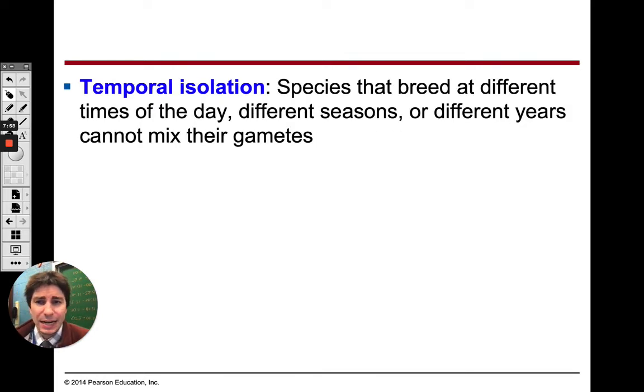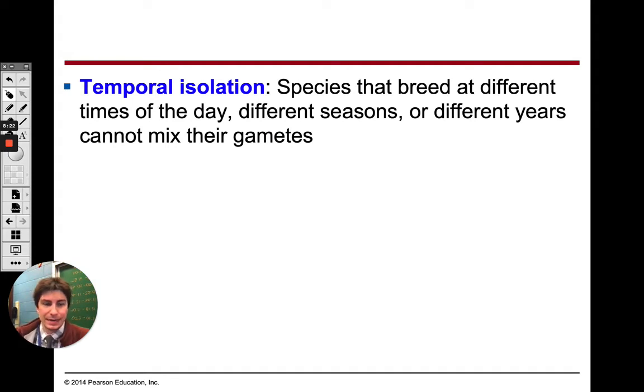Second one, temporal isolation. Species breed at different times of the day, different seasons, or different years, so they are not going to breed. An example of this, an American toad. So just two different toads here: the American toad mates in early summer, and then there's another toad called the Fowler's toad.